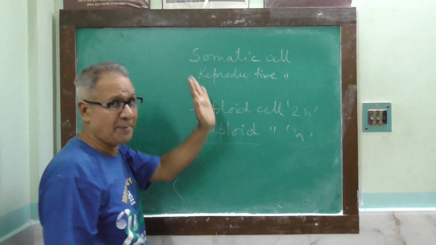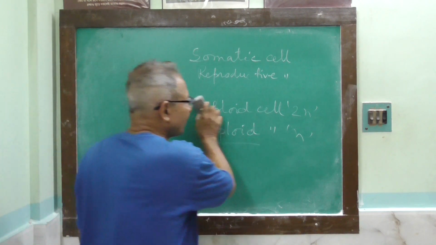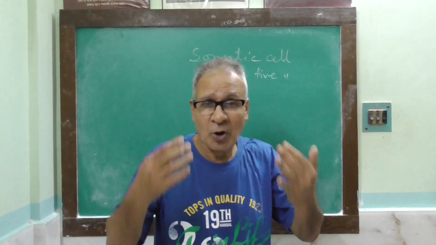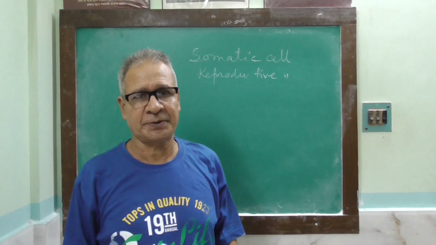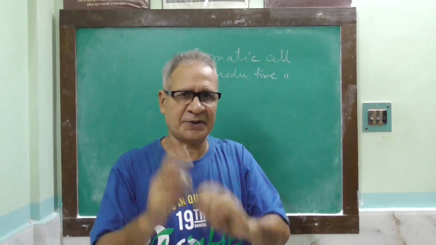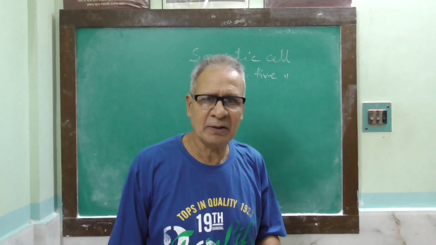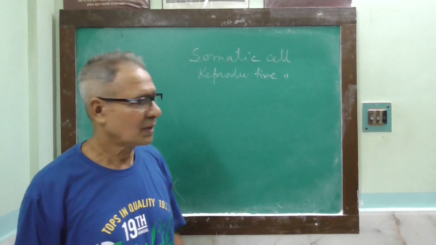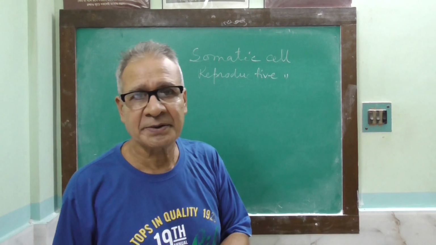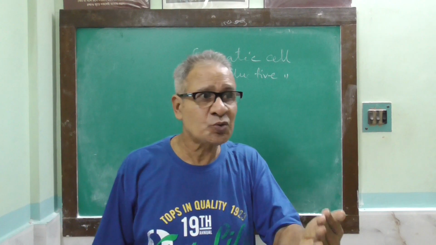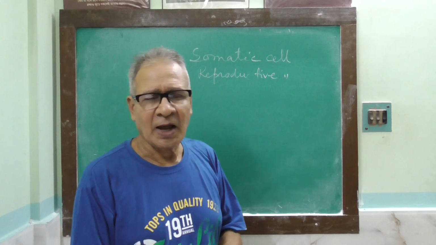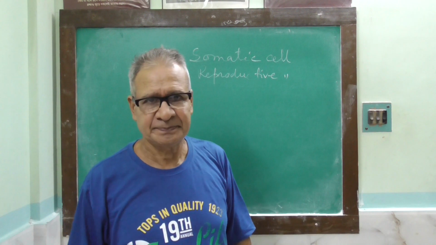The somatic cell is the cell which takes part in the formation of the vegetative body, known as the somatic cell. The whole body is mainly made of somatic cells. Here the chromosome number 2n is diploid. The reproductive cells are the cells which take part in sexual reproduction, also known as gametes.